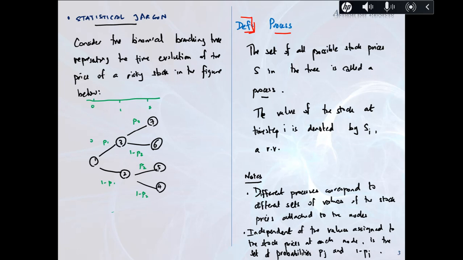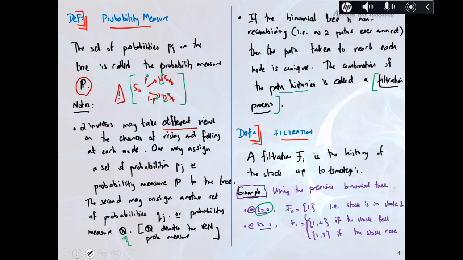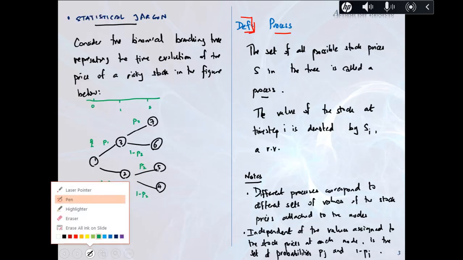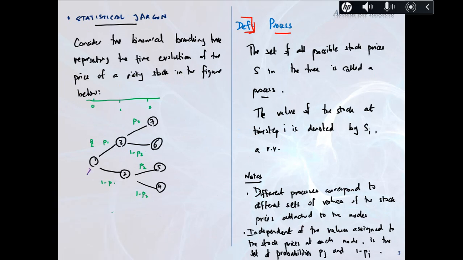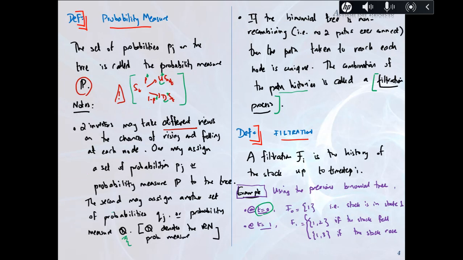We are standing here, so for sure we know that we are in state 1. This is information that we know. So the set of information includes that we are in state 1.